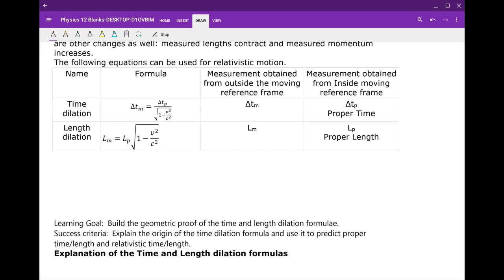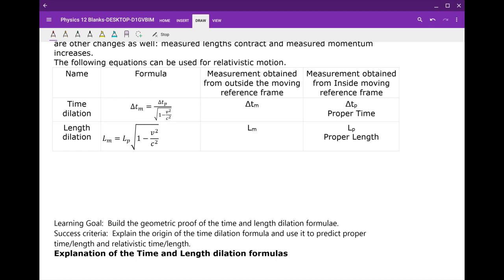Now the question is, that pen is just sitting there from my perspective, but if the same pen zooms by me at a particularly high velocity, and I attempt to measure its length, it will appear not to be 20 centimeters anymore. It will appear to be less long, okay?